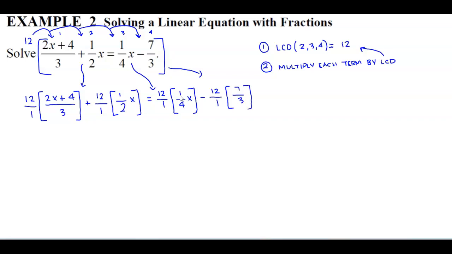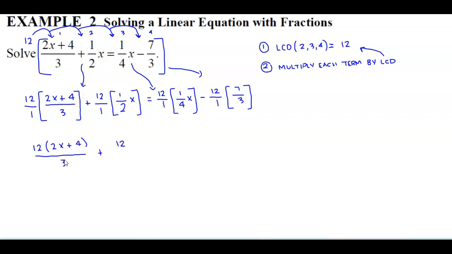Okay, now this is multiplication. So what we can do is go ahead and just multiply through without actually multiplying. So we're just going to rewrite this now as 12 times the grouping in the numerator, which is 2x plus 4. And then we're going to divide that by the denominator 1 times 3, which is 3. Plus 12 times the numerator, which is 1.